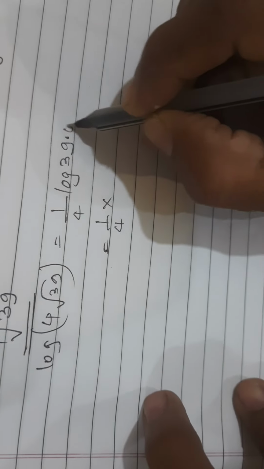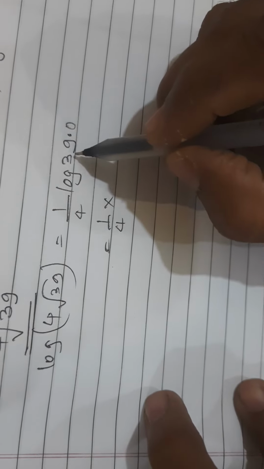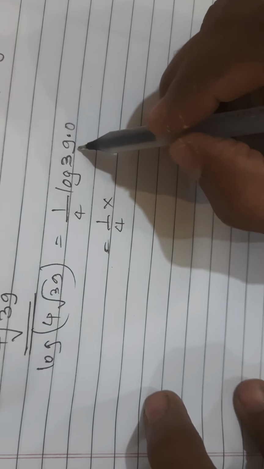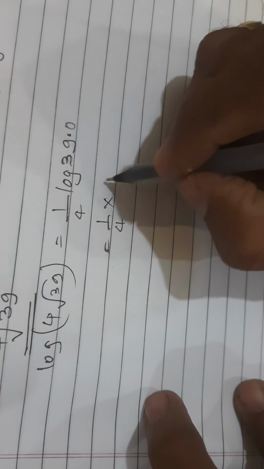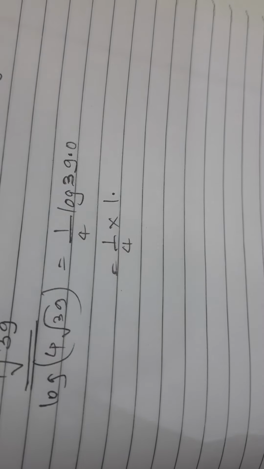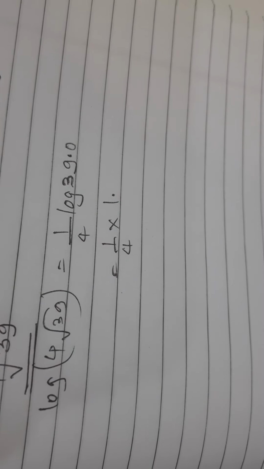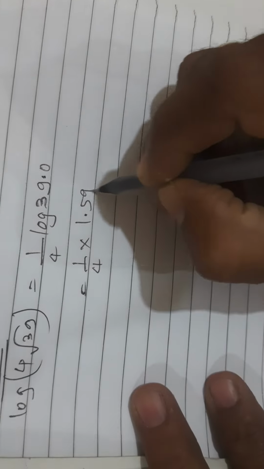For 39.0, the integral part has 2 digits. Then what is the characteristic? 1. And see the log of 39: 1.5911.